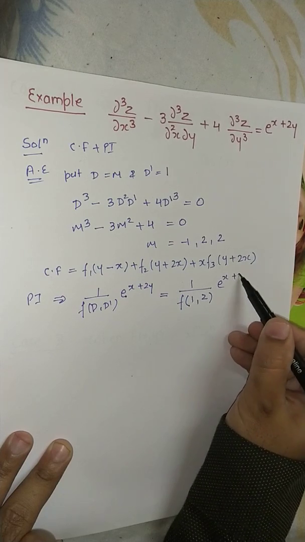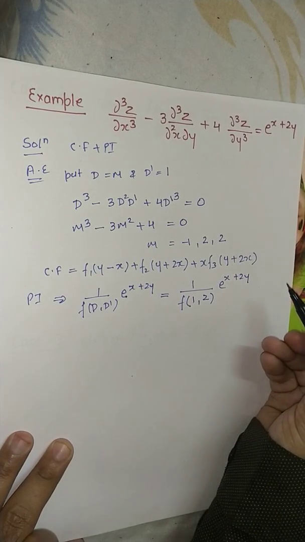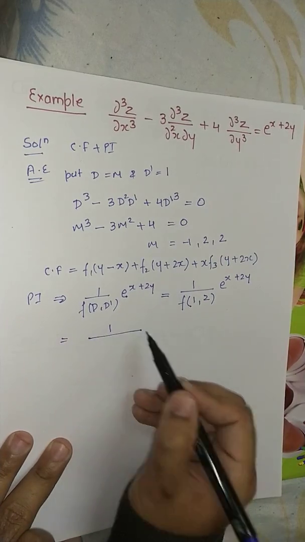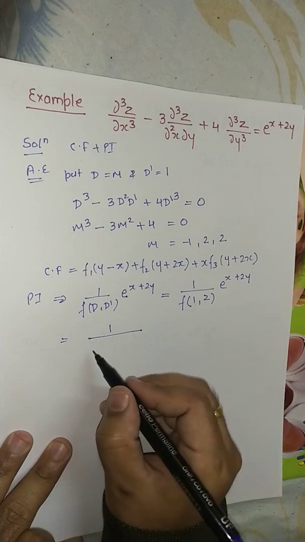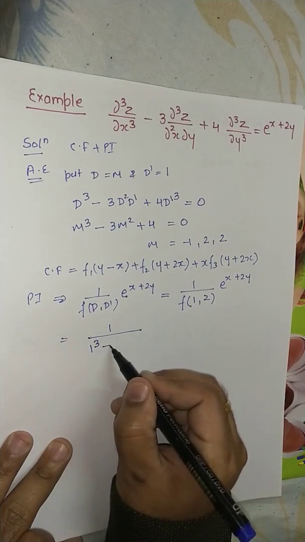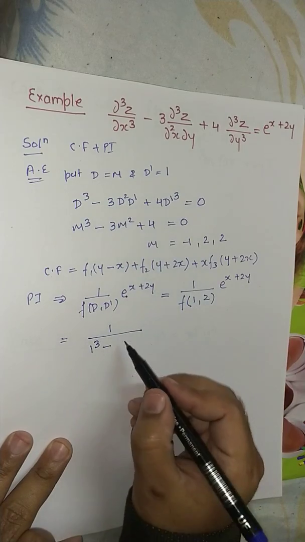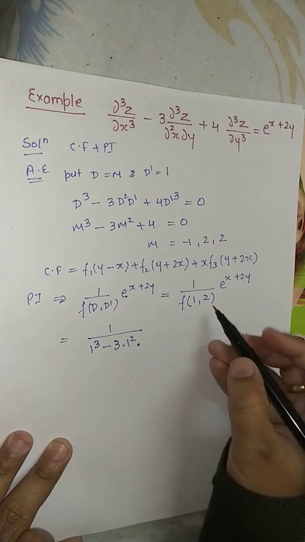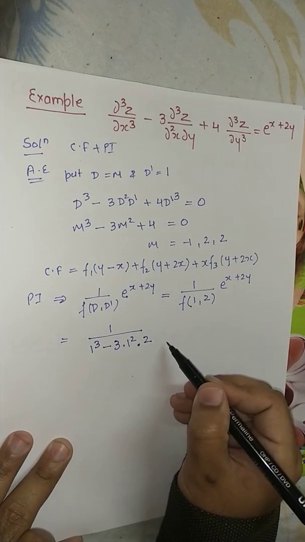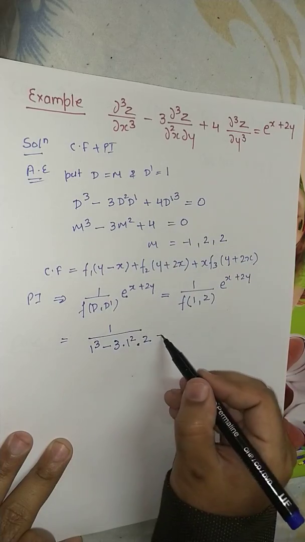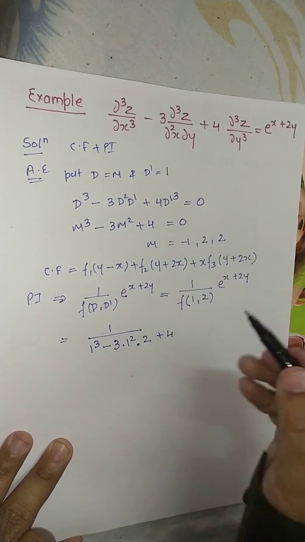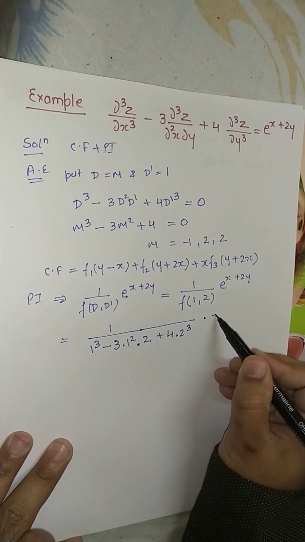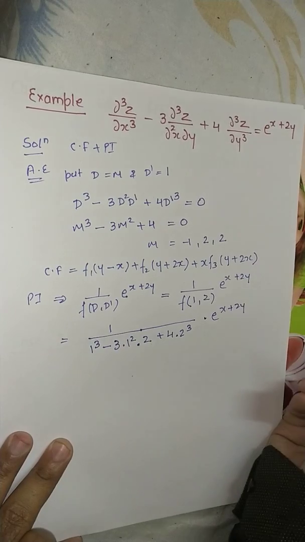So the above expression is written as 1 upon, instead of D cube we write 1 cube, minus 3 D square, so this is minus 3 dot 1 square dot D dash, in place of D dash we write 2, then plus 4 D dash cube, which is 2 cube, multiplied by e to the power x plus 2y.